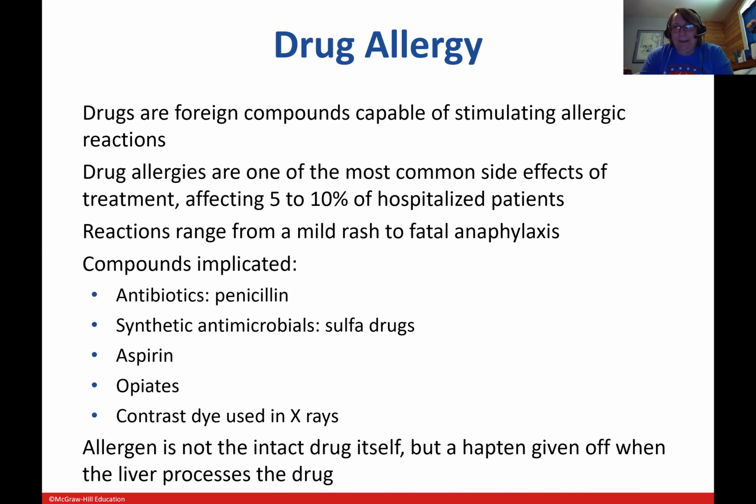So penicillin is a very big contributor to this kind of situation. Sulfa drugs are also highly allergenic. Aspirin for certain people, opiates, which obviously have other issues as well as allergic response, but there are some people who are highly allergic to opiates. And contrast dye that is used in x-rays and CT scans and MRIs and things like that.